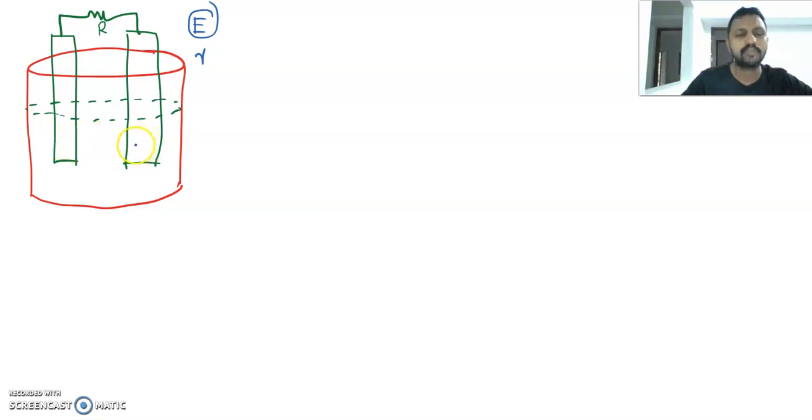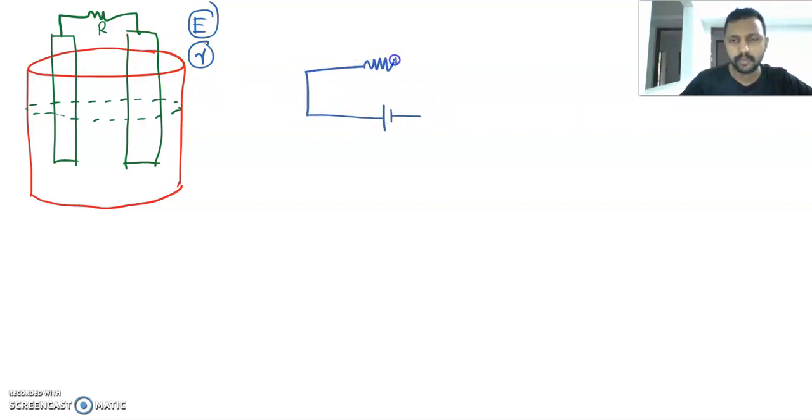Therefore, this is regarding internal resistance. EMF is the total work done in moving a unit positive charge from one electrode to another electrode through the electrolyte.